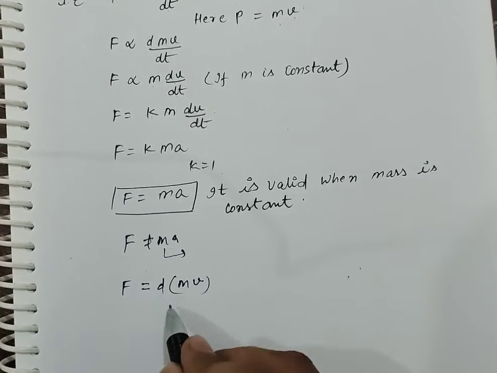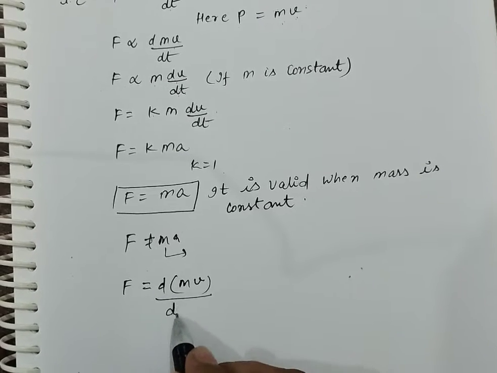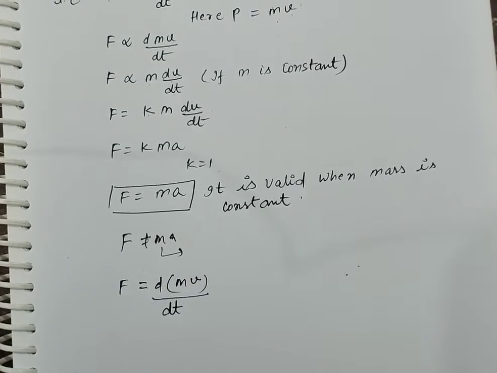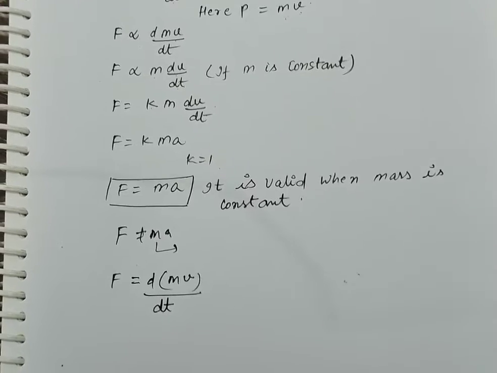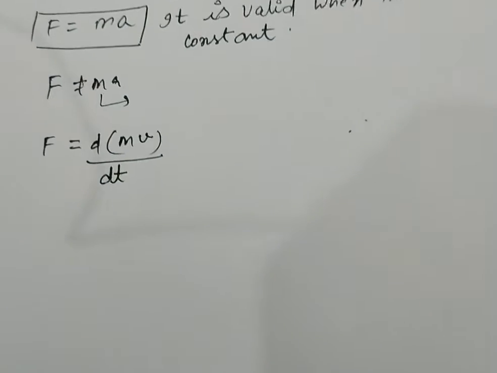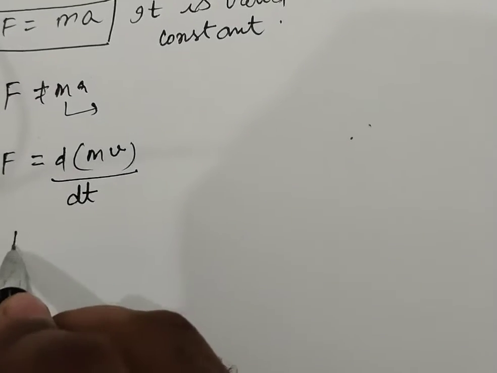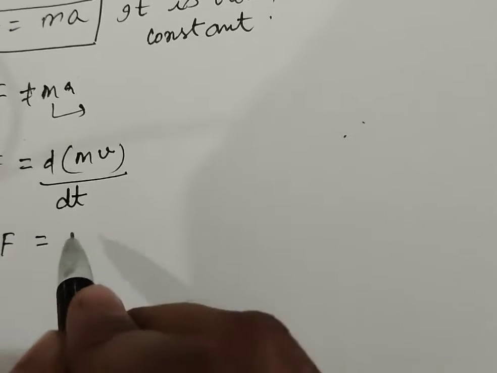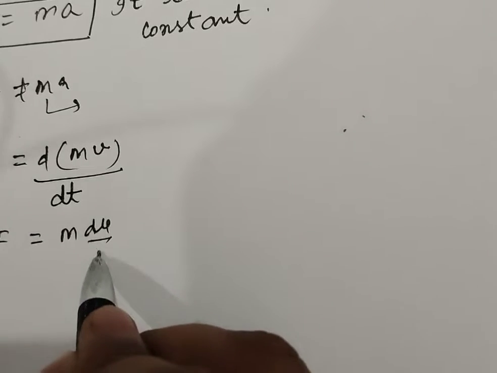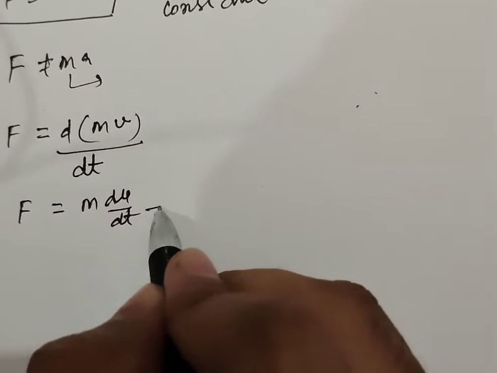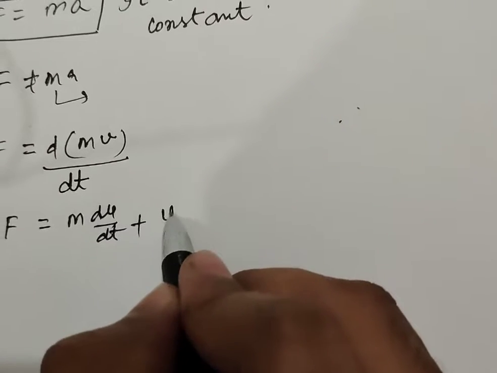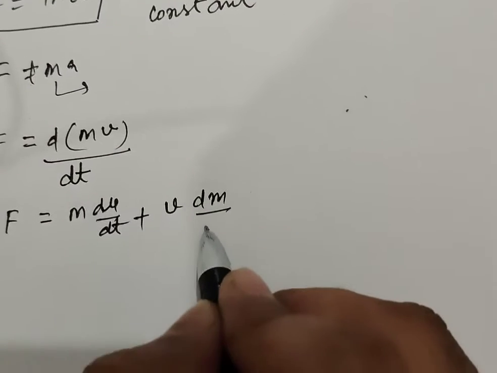mv or p, we can write it as dp by dt. In this case m and v both change with time. Then we say that F is m dv by dt plus v dm by dt.